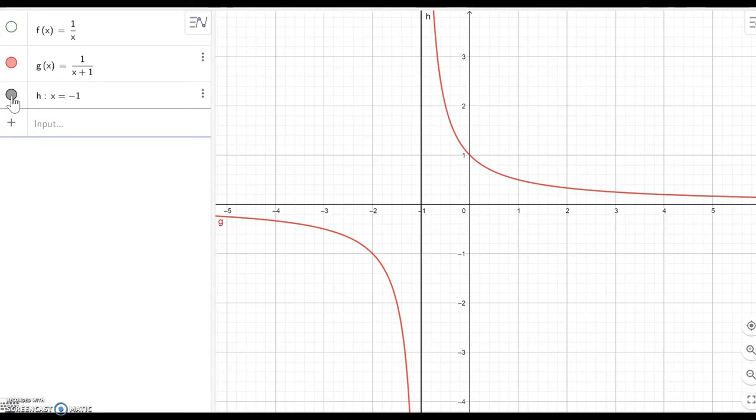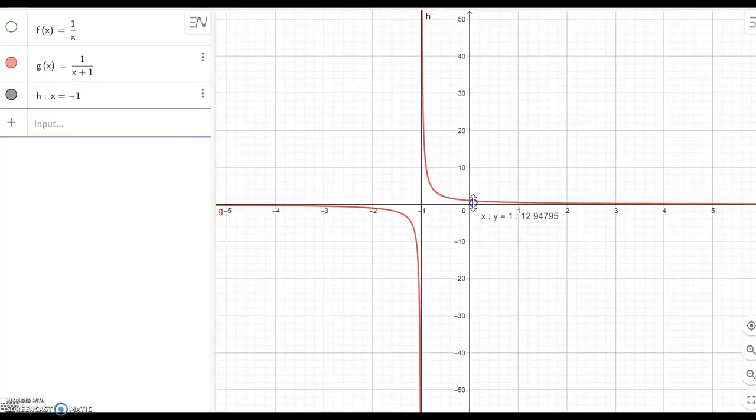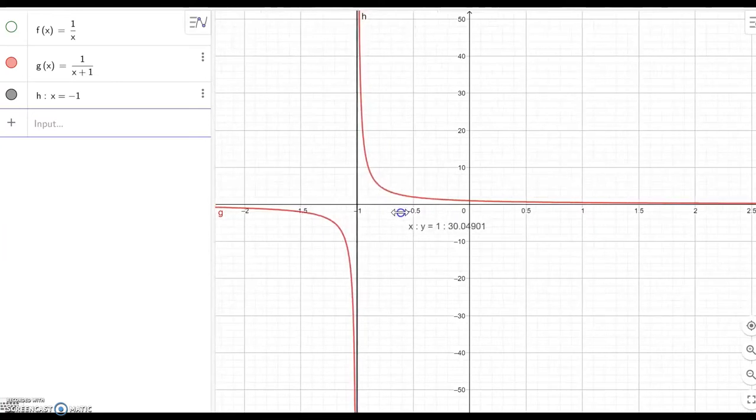After drawing the x equal to negative 1 line, I zoom out the y-axis, and as you see, this red graph is kind of touching the y-axis, but we know that it is not actually touching. It gets closer to the x equal to negative 1 line more and more, right? Simply we zoom in the x-axis, then we can see better, right? Like that. Make sense?